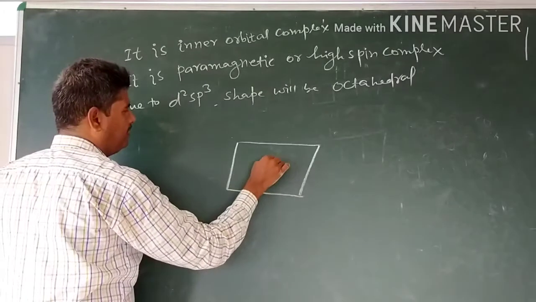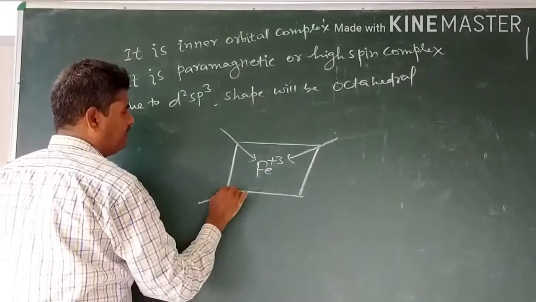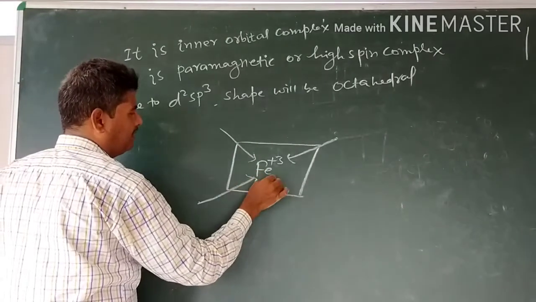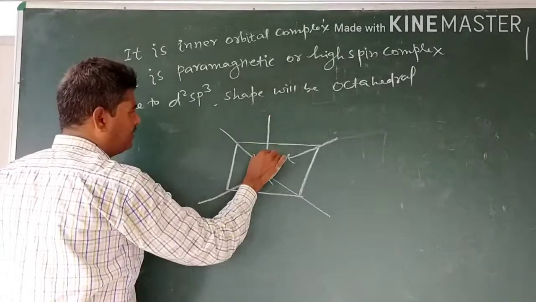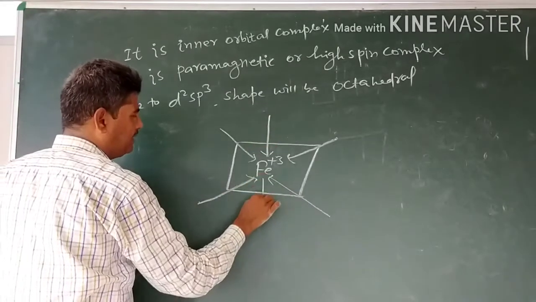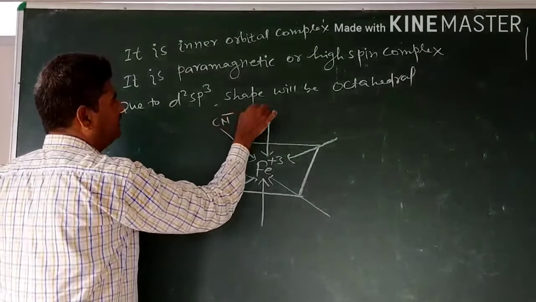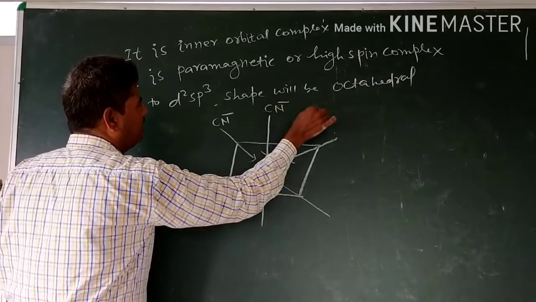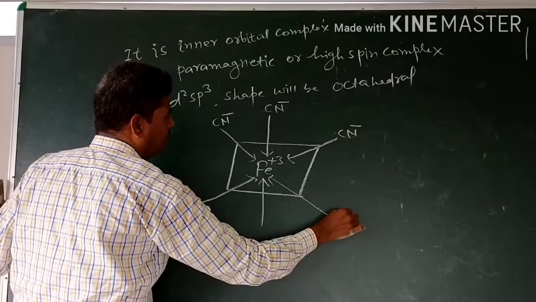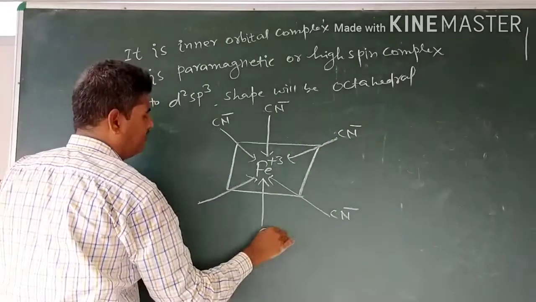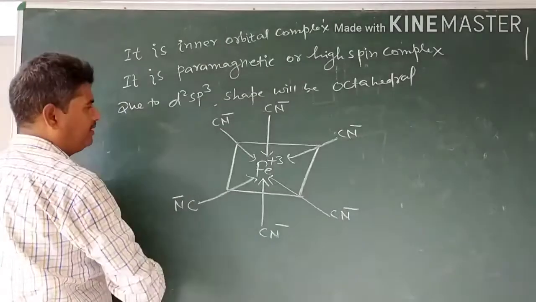Fe plus 3, 6 ligands are set up here, 4 ligands at the 4 corners and 2 ligands above and below the plane, all CN minus.